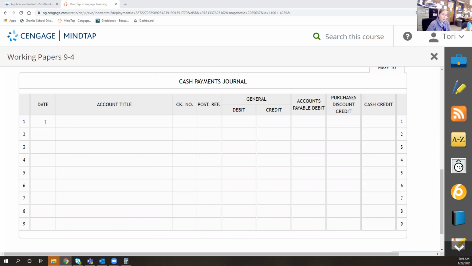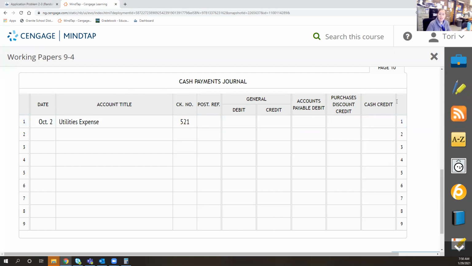So we're going to put in first the date. Always remember the date. October 2nd. And so what type of expense is a telephone? It's utilities expense. So our gas, electric, water would be considered a utility expense. Our check number was 521.